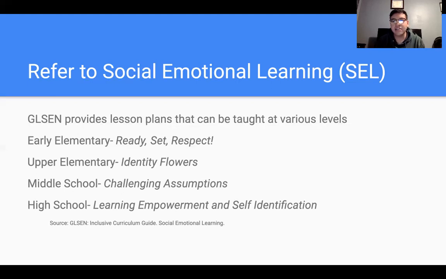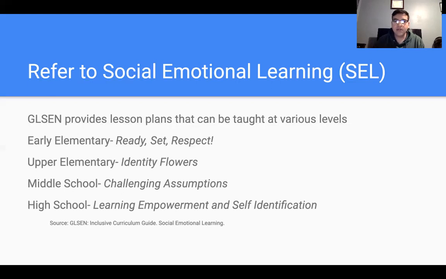Middle school is Challenging Assumptions, which provides students the opportunity to experience what it would be like to be labeled in a negative way and helps them develop empathy for those with other labels or who are not labeled at all.